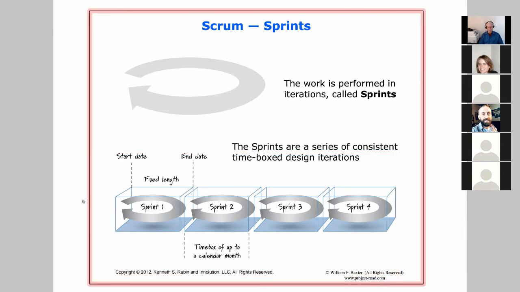A very common interval talked about is 2 weeks, but it depends on the nature of work. Some work it might be possible to use a 1 week sprint. Some work might be more complex. It might take 4 weeks. So it really depends on the nature of the work.